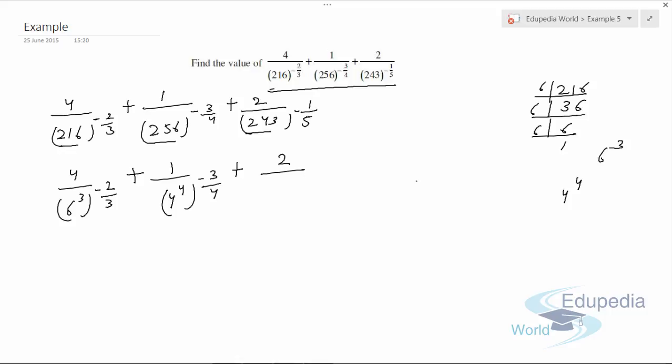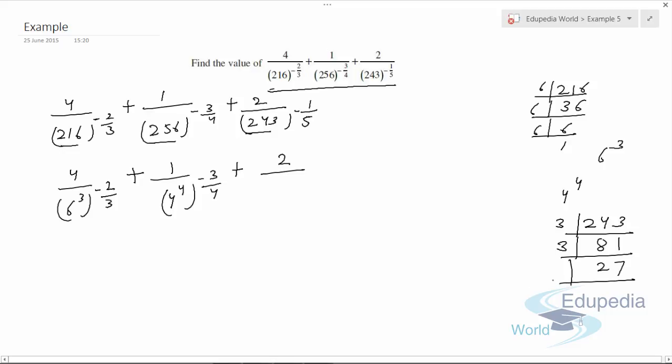Now let's do factorization for 243. First it will be done with 3. So 3 8s are 24, 1 carry, then 3 2s are 6, 27, then 3 9s are, then 3 3s are, then 3 1s are. So how many 3s? 1 2 3 4 5. So it can be written as (3 raised to power 5) raised to power minus 1 by 5.